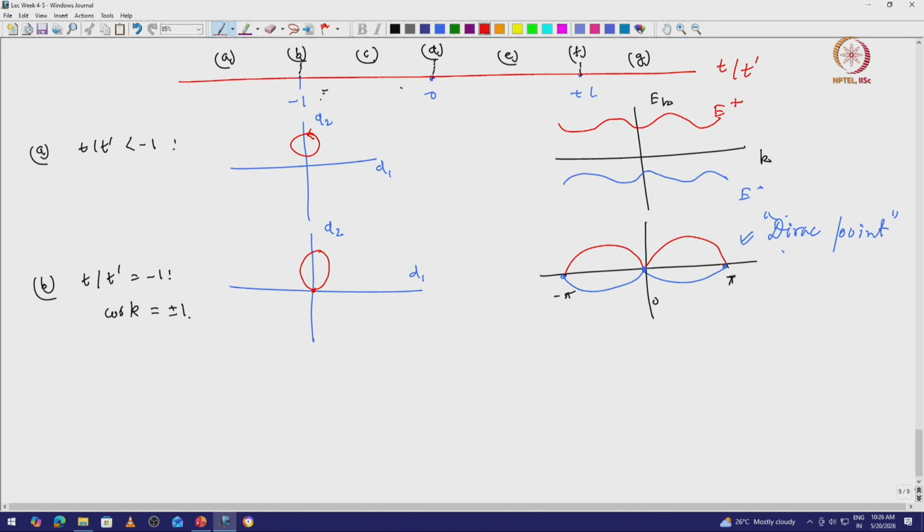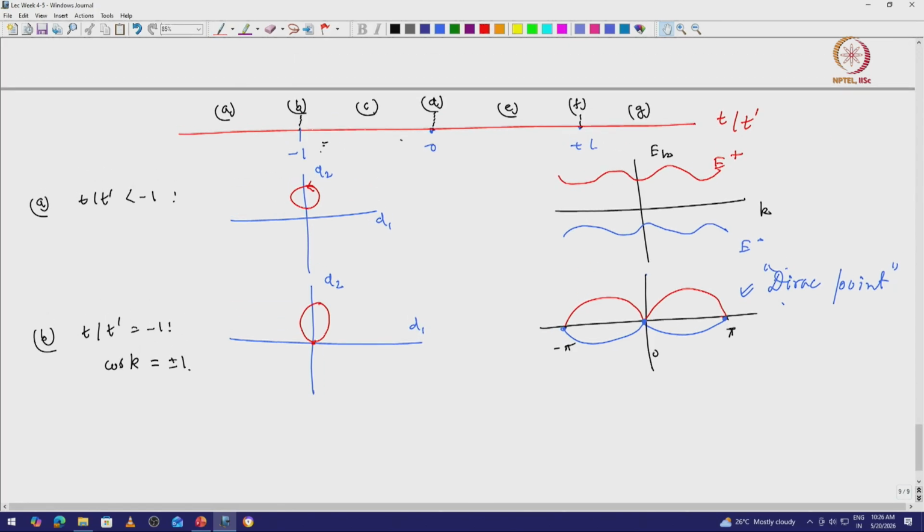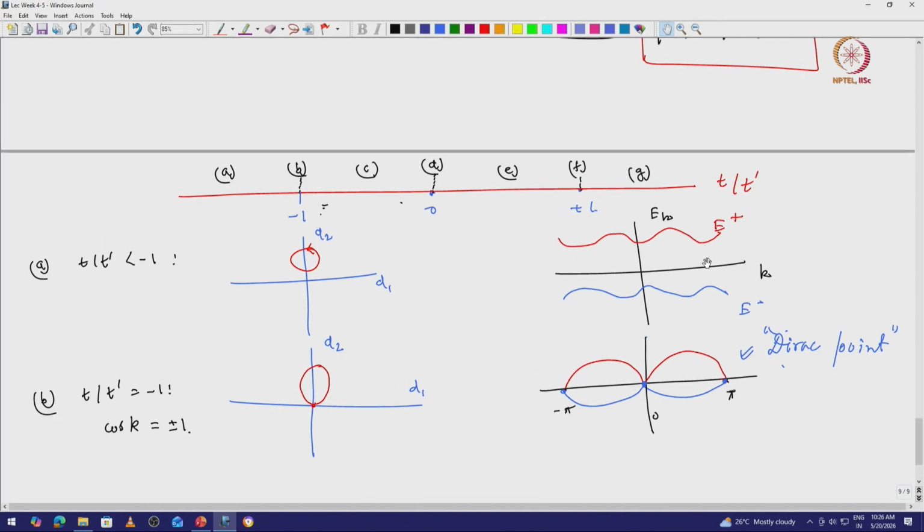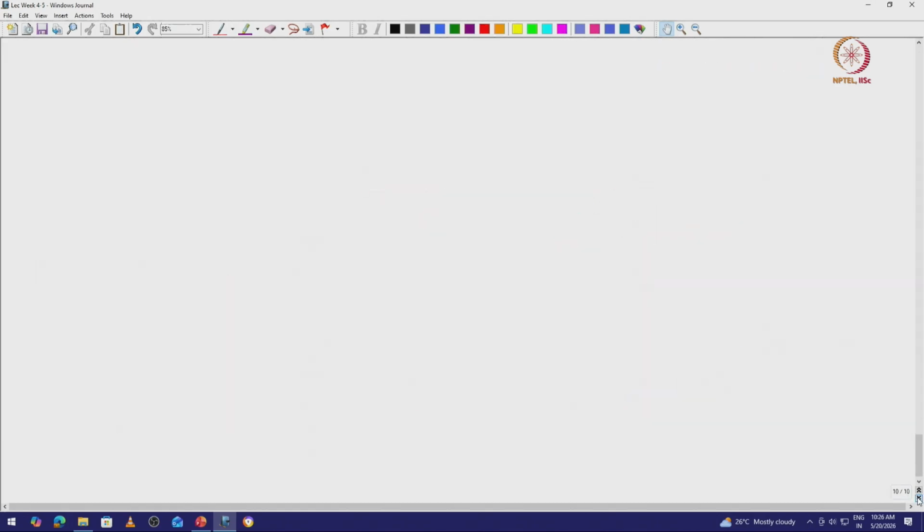Okay. So around this point, these two will start coming in and closing the gap. So now let us take the third example.